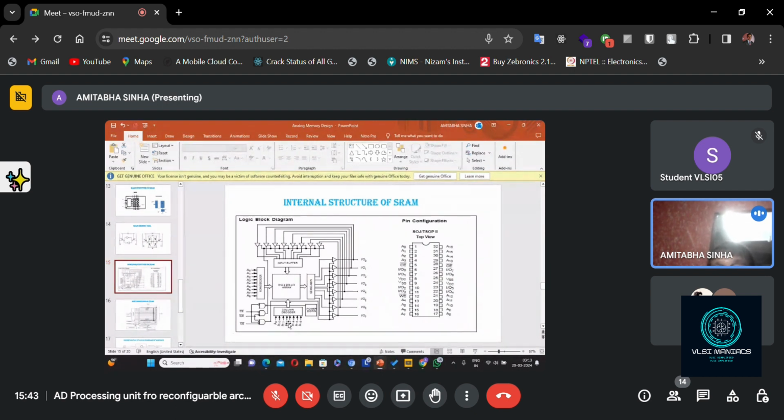And to bring the input and output into the same line, you use the tri-state buffer. A tri-state buffer on the input side and a tri-state buffer on the output side, and then connect input and output. Because at a time, either you will be selecting the input or you will be selecting the output. So through the same lines, you can get input or you can get output, which is known as bidirectional lines.